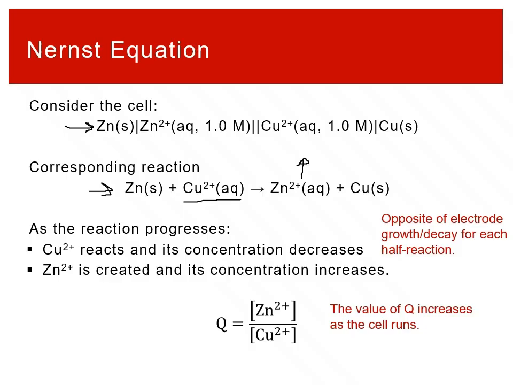So we would see these sorts of changes in concentrations as we go along, and importantly, our reaction quotient is going to increase as the cell proceeds. So the conditions of our reaction will change. And the whole idea of the Nernst equation is to reflect how these changes of reactant and product relative amounts affect the cell potential that we observe. And we can make quantitative predictions about that.